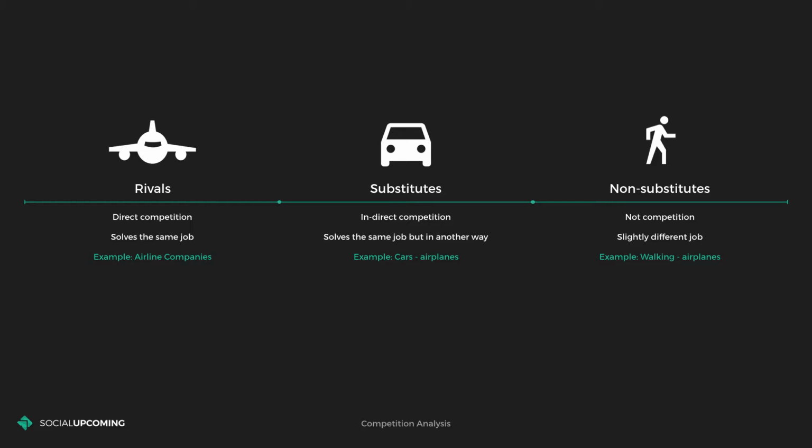So you want to consider first the job and also the goal of the entire thing that you want to do. And that's why cars are a substitute to planes and walking is a non-substitute to planes, because you want to travel from A to B as fast as possible and not something else. You don't want to go on a journey or any of that.